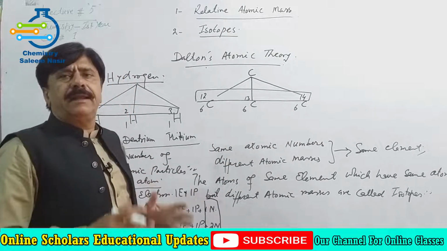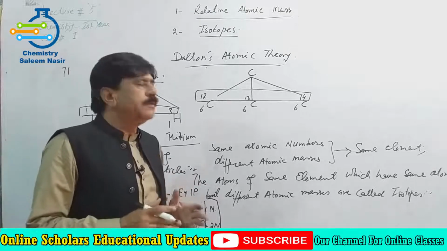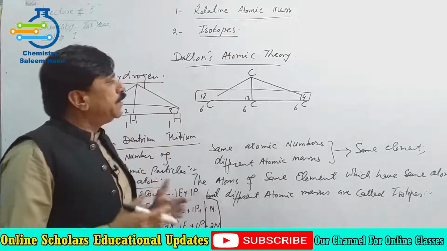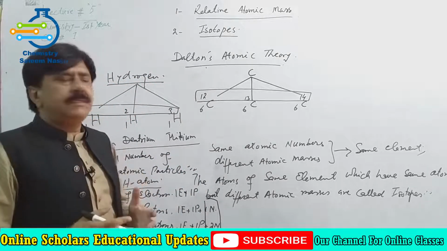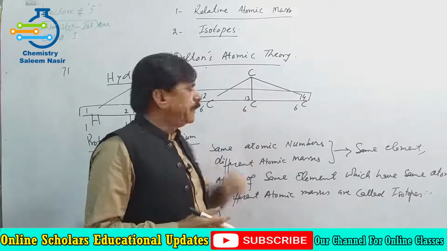Collectively, we can say that the difference in masses is due to the addition of neutrons in C-13 and C-14.